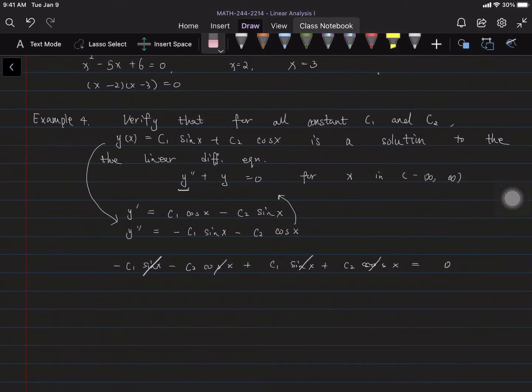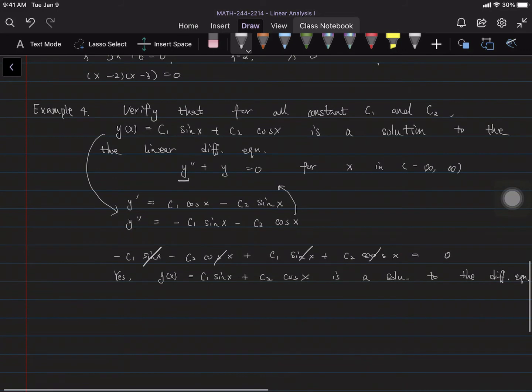So we can say yes, y is the solution. Okay, y equals C1 sin x plus C2 cosine x is a solution to the differential equation. Okay, so this is the example.